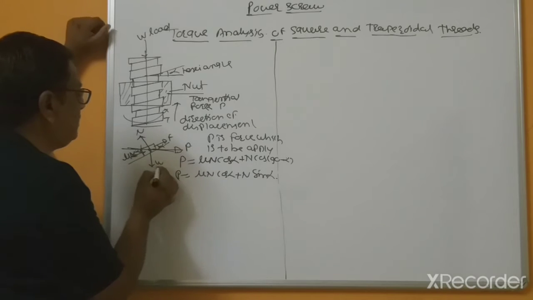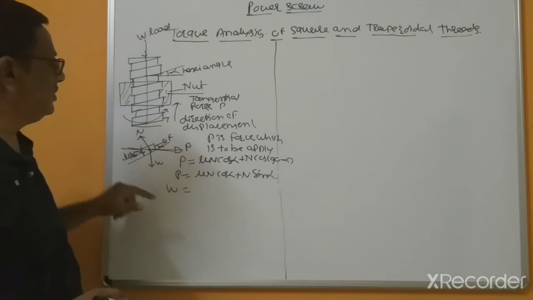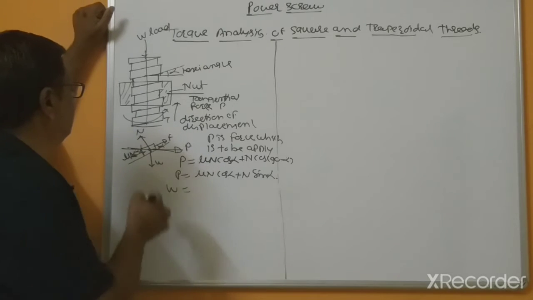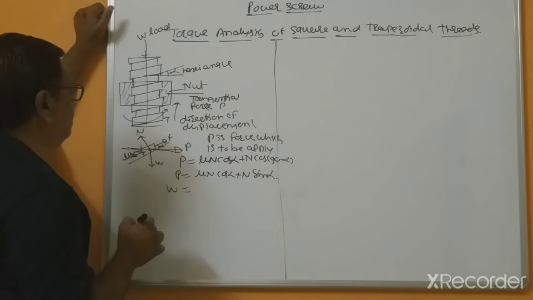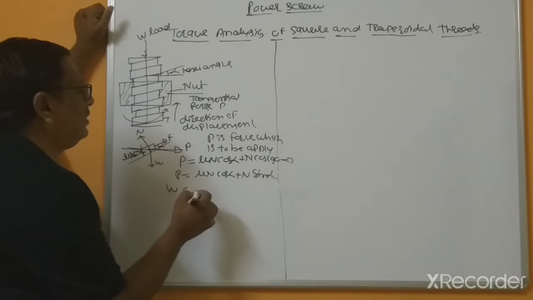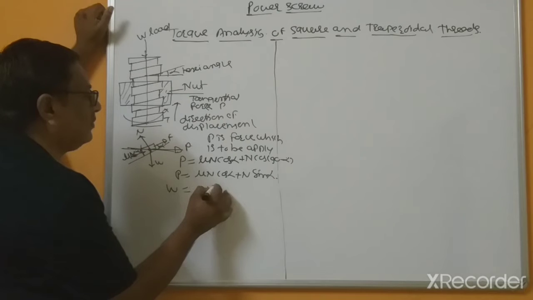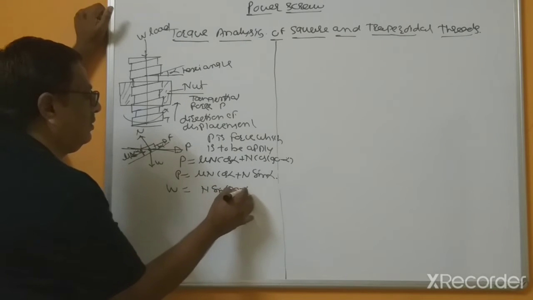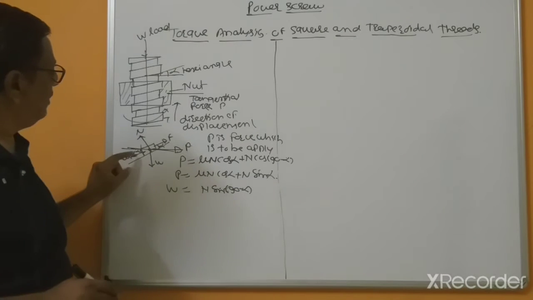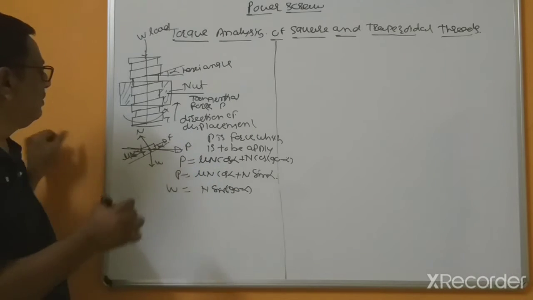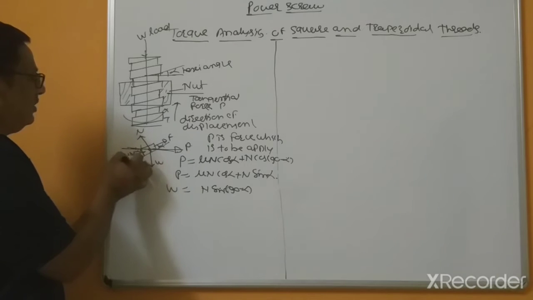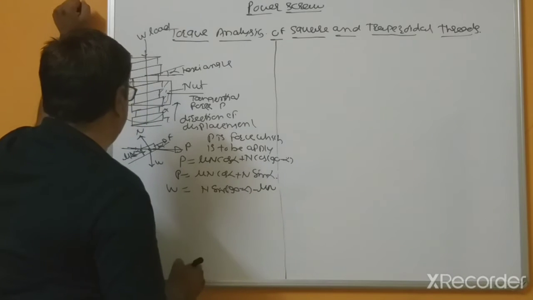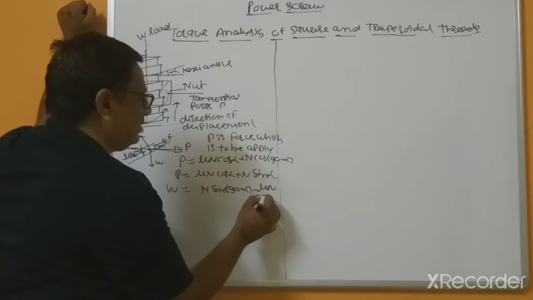Similarly, W is the vertical force, so this vertical force is balanced by the upward force N into sin of 90 minus alpha, minus the downward force due to friction, mu N into sin alpha.